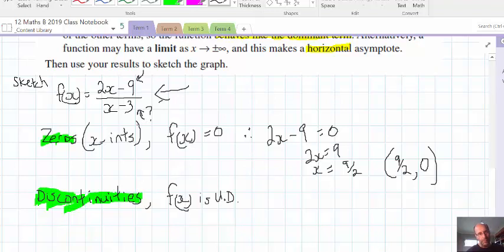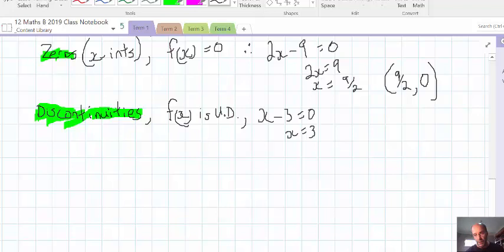As I said a moment ago when I was talking about the denominator, if it was a regular polynomial it would be defined everywhere, but because this is a rational function, when the denominator is equal to 0, we have an undefined function. So we find out when x minus 3 equals 0, and that's when x equals 3. So it's undefined at x equals 3.